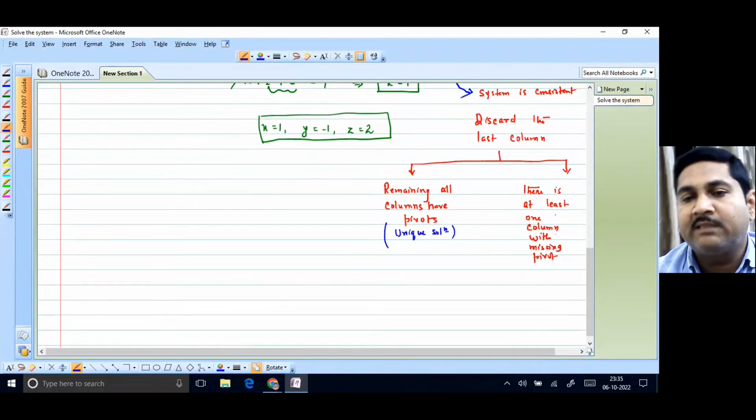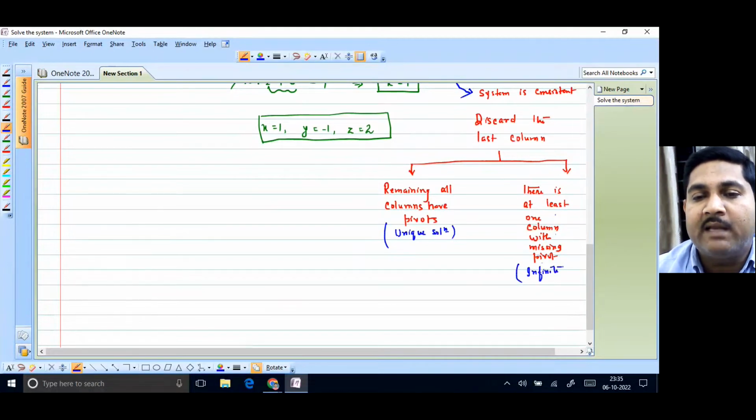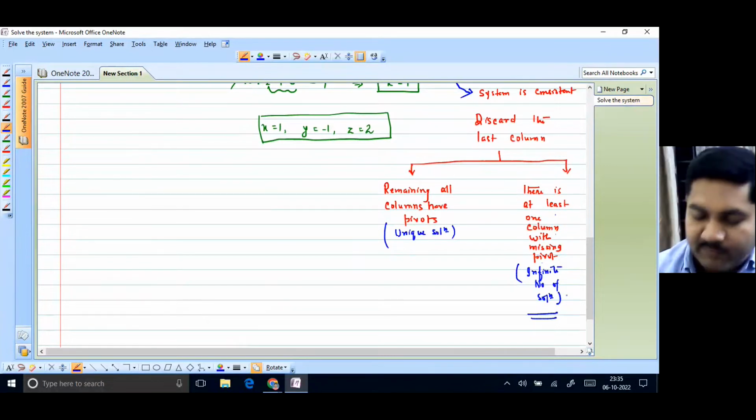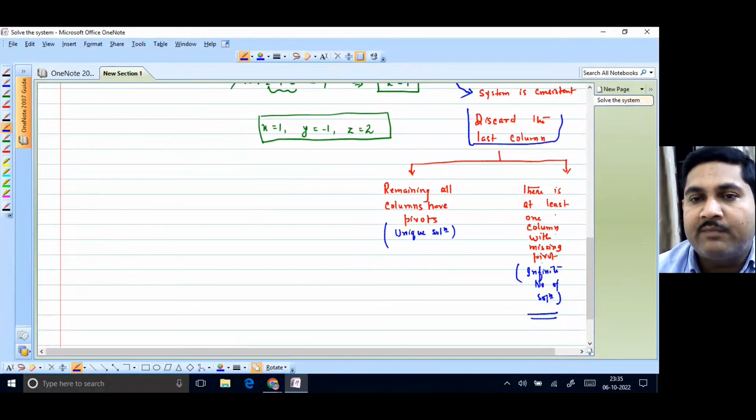And if there is at least one column with a missing pivot, then this indicates the existence of a free variable, and in this case infinite number of solutions exist. But we have to be very careful that before establishing uniqueness, I have to discard the last column, right?